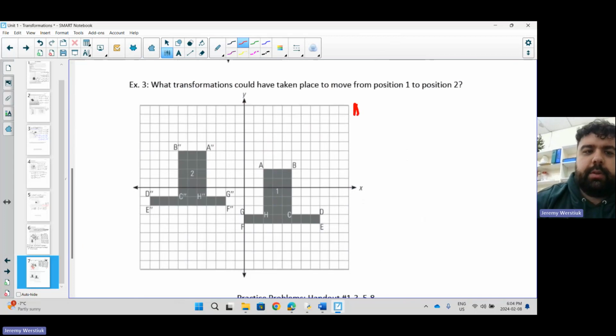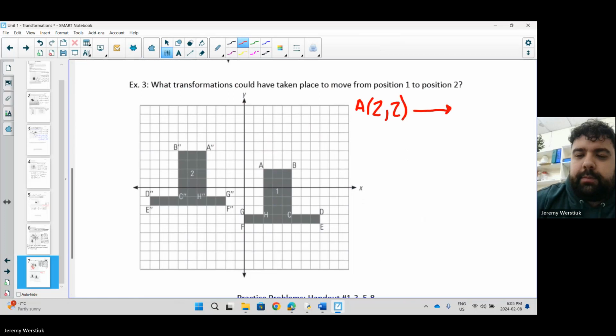So let's say, I'll go back to black. It seems to work better. Point A, oops, I guess it didn't go back. That's all right. A is at 2, 2 right now. So let's say I do a reflection. So let's say I reflect in the y-axis.